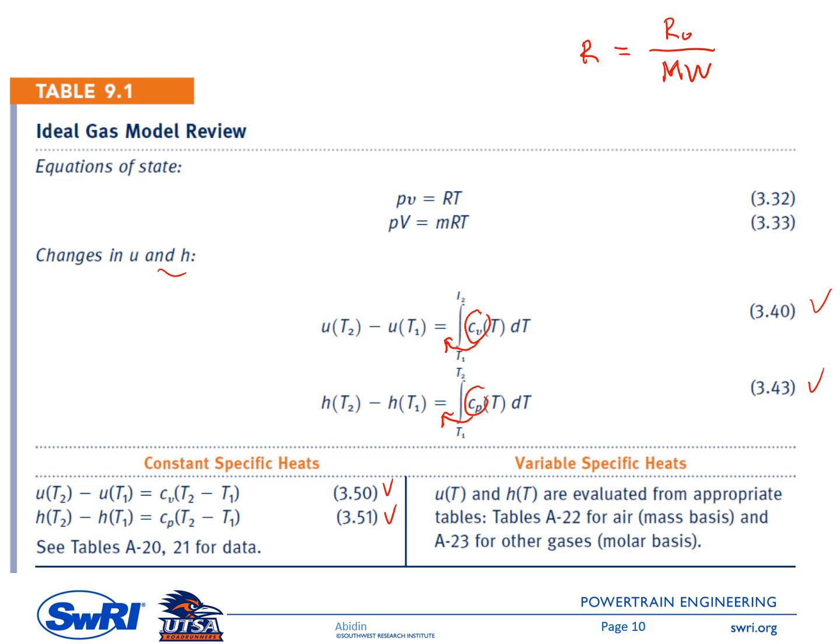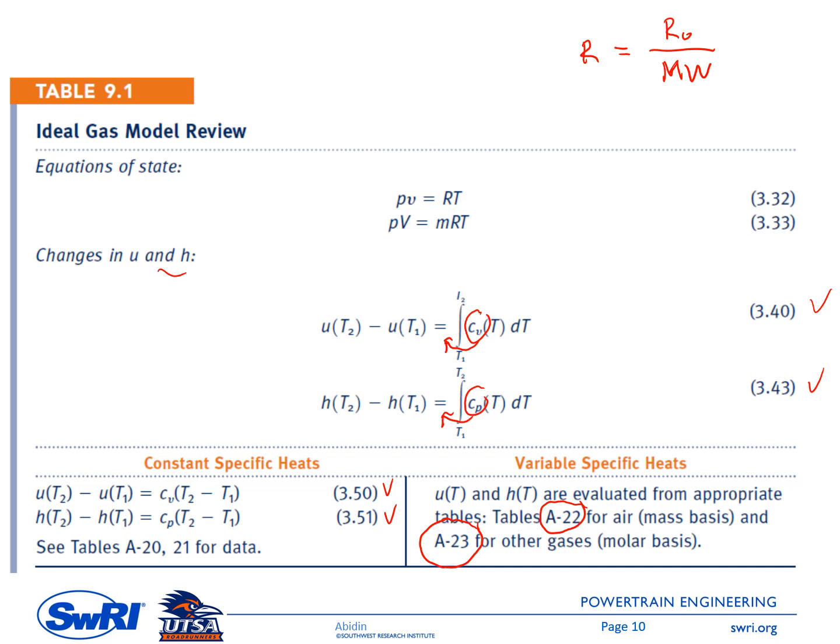So the specific enthalpy change equals Cp times delta T. And if we don't assume constant specific heats, which means they are variable specific heats, then we will need to use table A22 for air, or A22E for air in British units, or we can use table A23 in case the working fluid is not air.